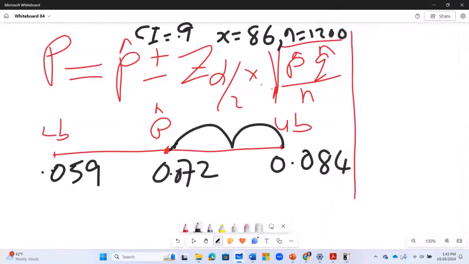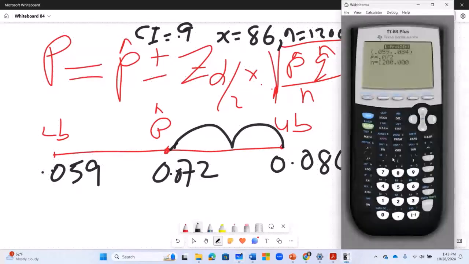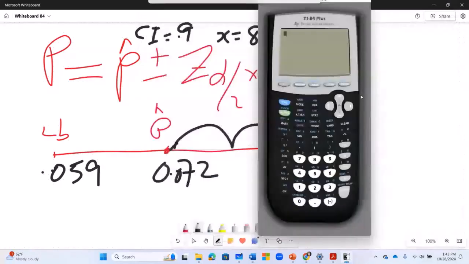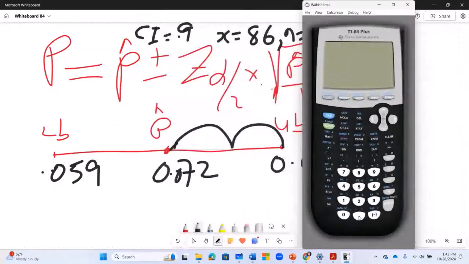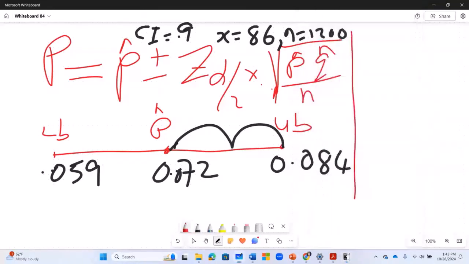So I will get my calculator and find the distance between the upper bound and the point estimate. So the margin of error is 0.12.